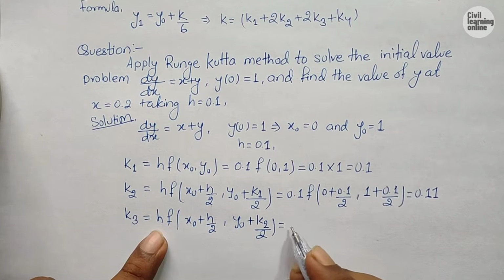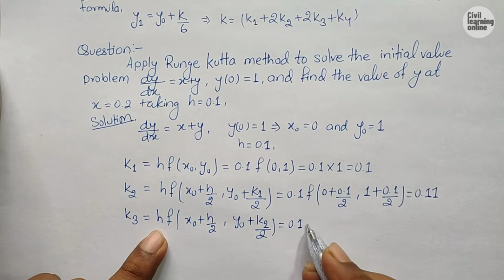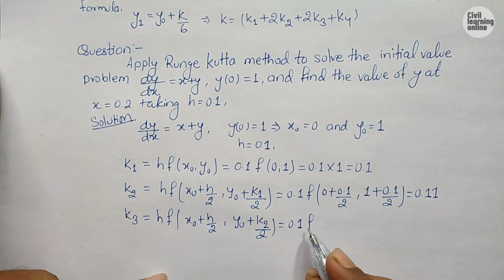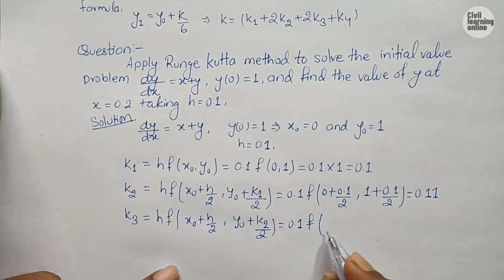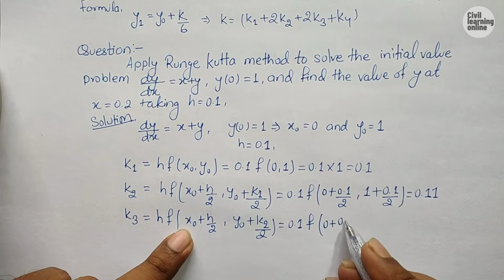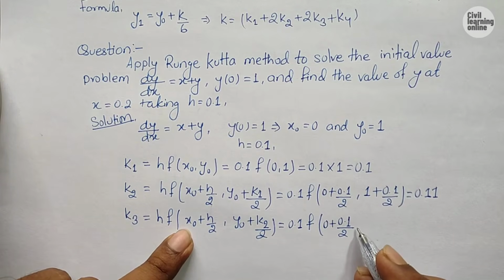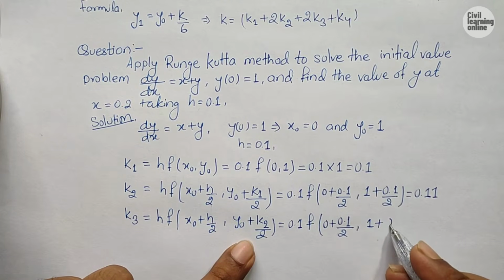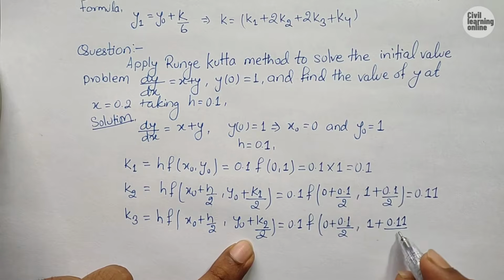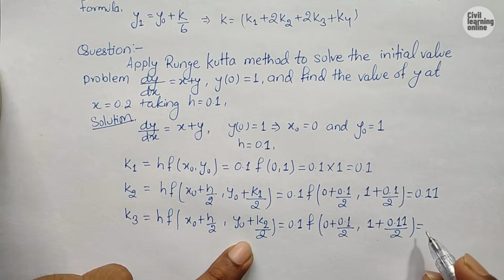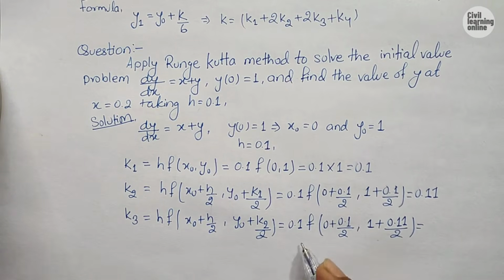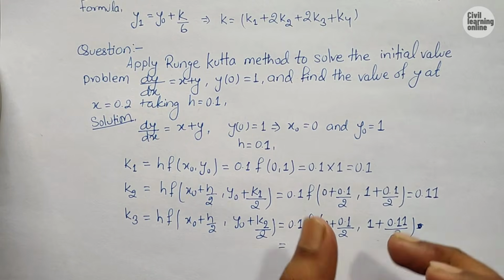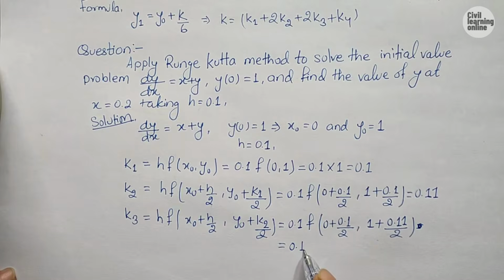Put the value here: 0.1 f(x naught means 0 plus 0.1 by 2, y naught means 1 plus 0.11 by 2). And let us see here guys, so that if you don't know then it is going to help you.